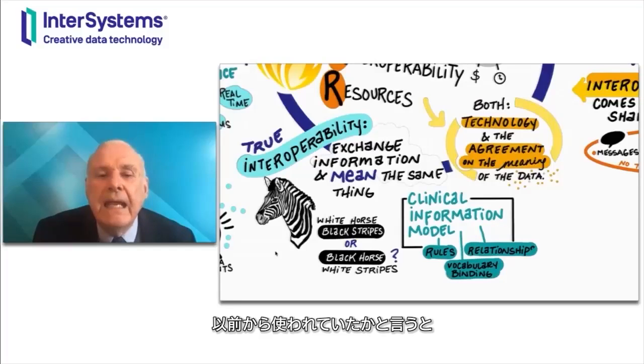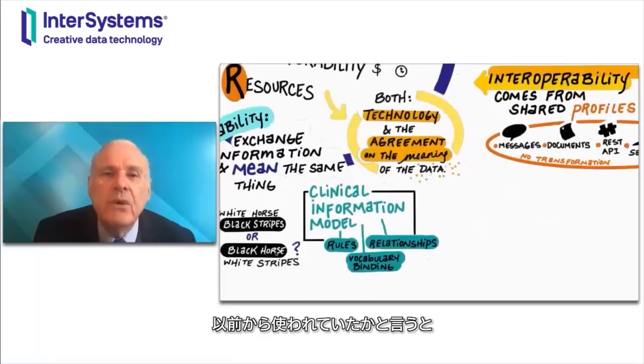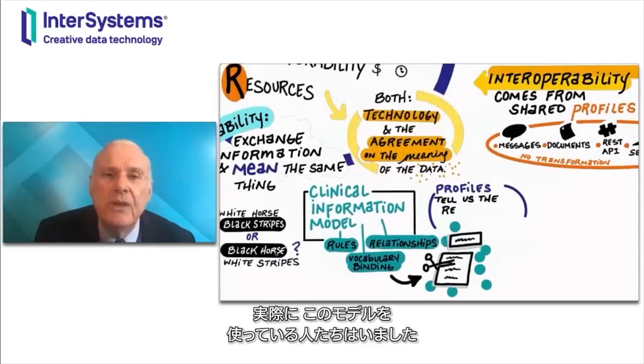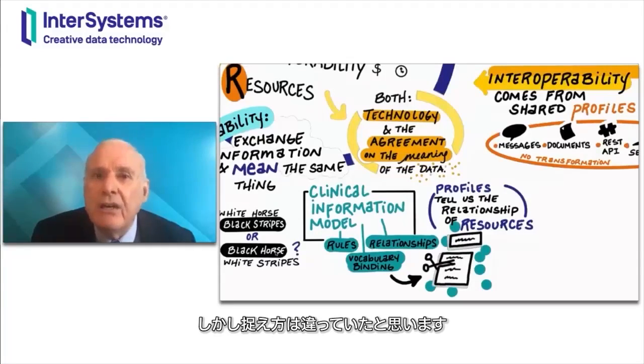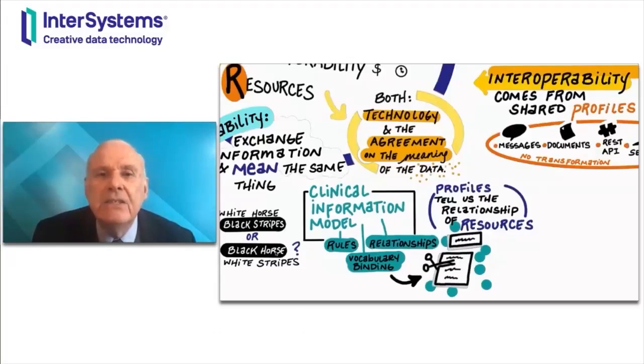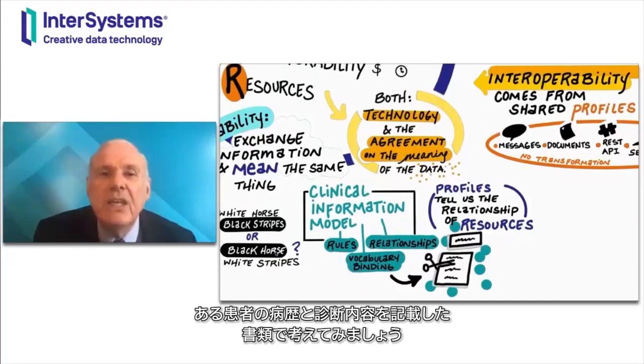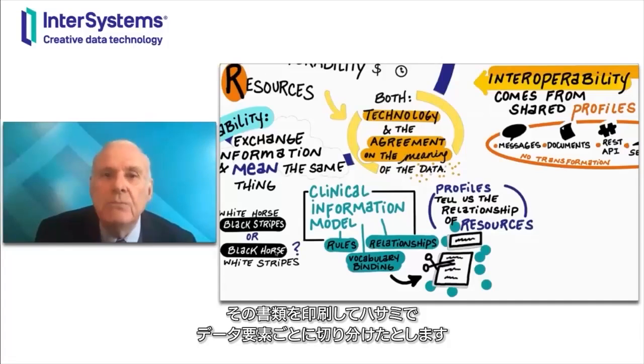So, have we used models before? Well, there have been modelers from the beginning, and we use models, but I don't think we thought of them in that sense. So consider a document that's a history and physical for a patient. Suppose we printed out that document, took a pair of scissors, and cut the document into data elements.